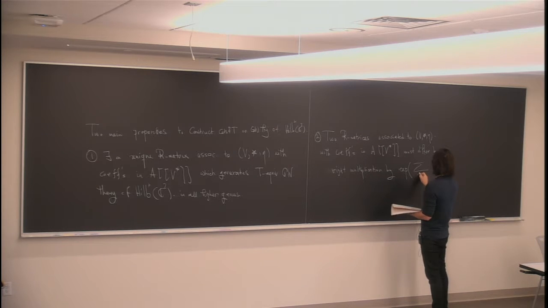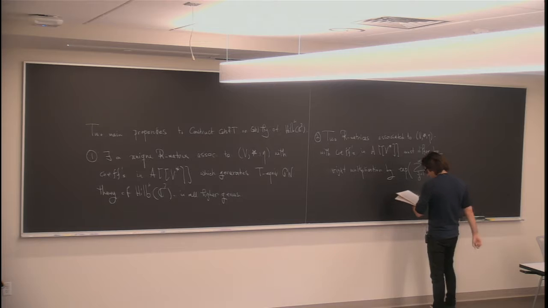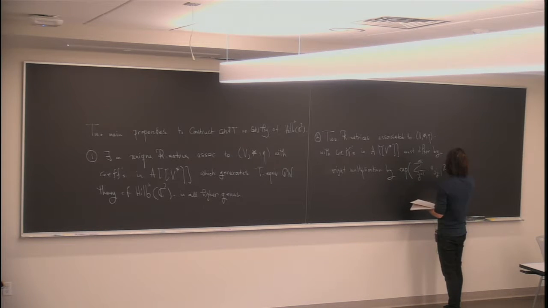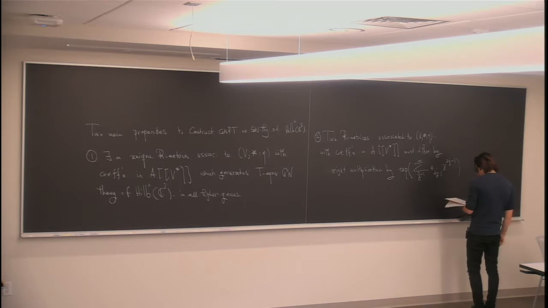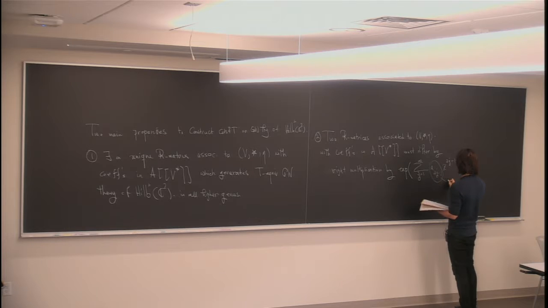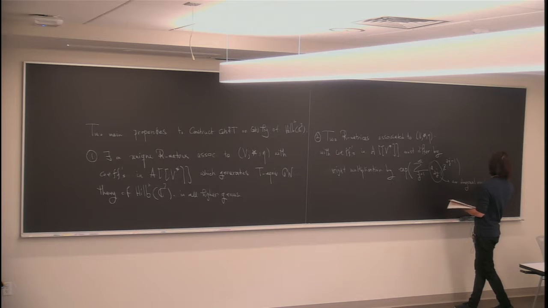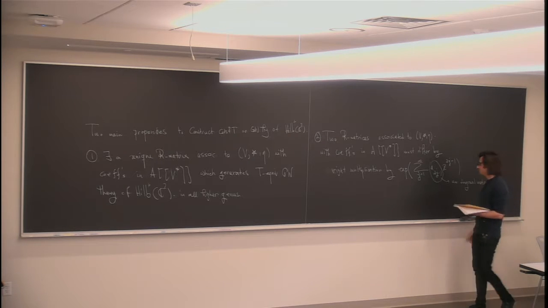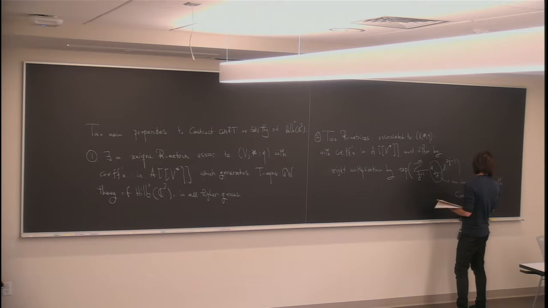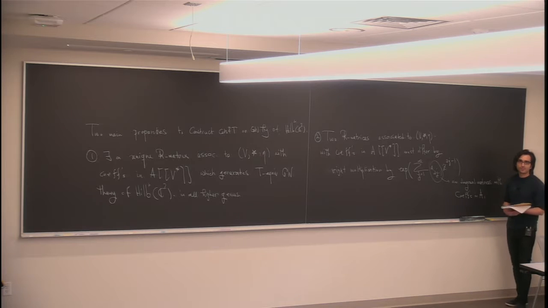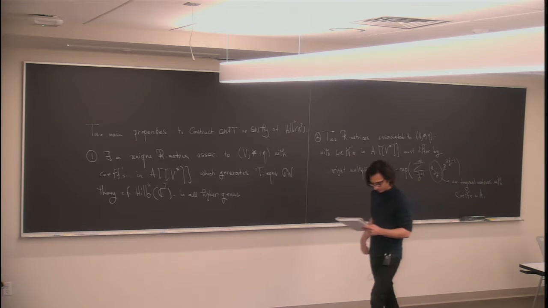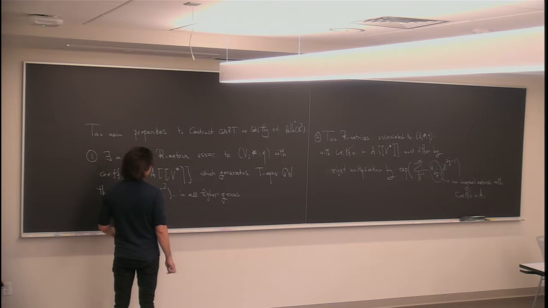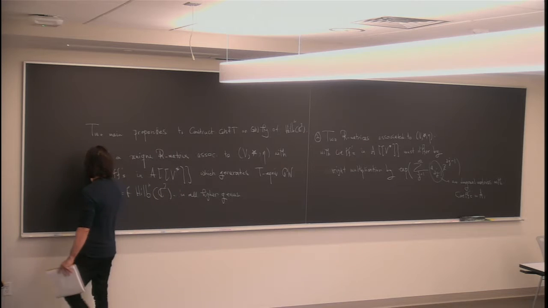sum from j equal to 1 to infinity of a_{2j-1} z^{2j-1}, where these guys are diagonal matrices with entries or coefficients in A. So maybe I say this here.